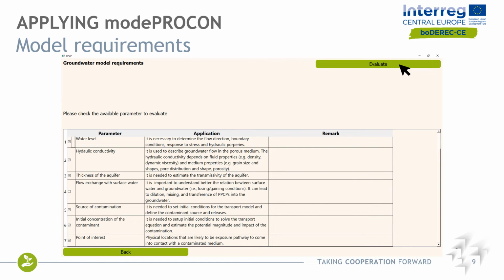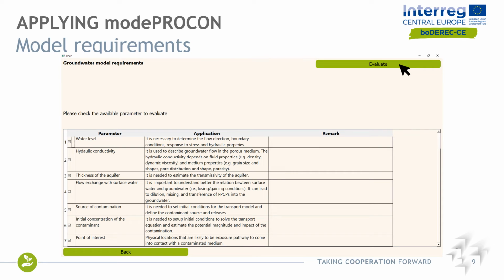As you can see, several data is required to model the groundwater flow and the transport of PPCPs in the groundwater. Thanks to previous hydrogeological reports and studies, much information is available for the hydraulic head, the hydraulic conductivity, and the thickness of the aquifer in this case.